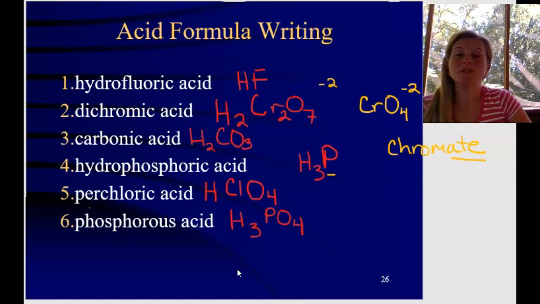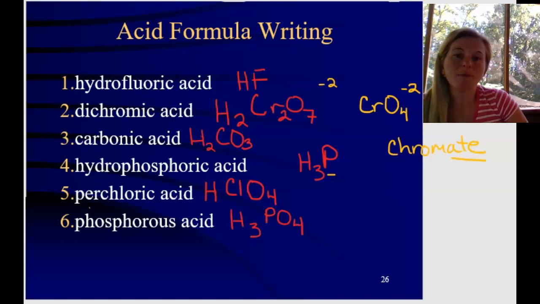So hopefully that wasn't as hard as you initially thought it would be. It takes a little problem solving and using that list of polyatomic ions. Basically, when you have an acid, you're going to use that polyatomic ion list, look at those charges, and do swap and drop to get the number of hydrogens that you need.